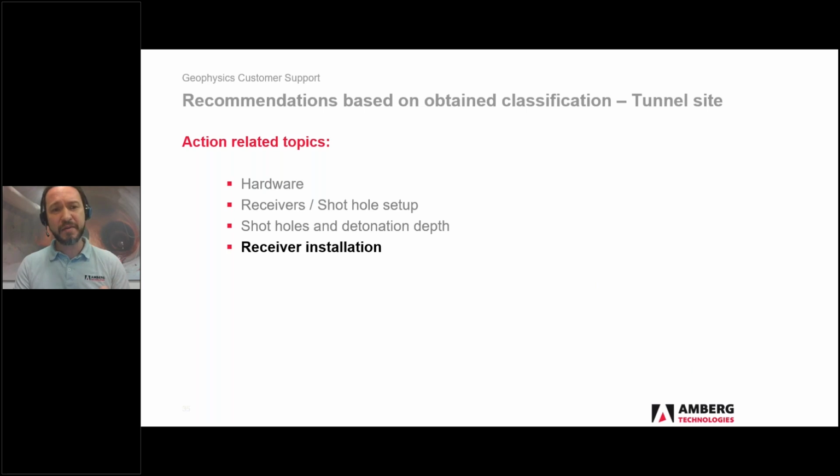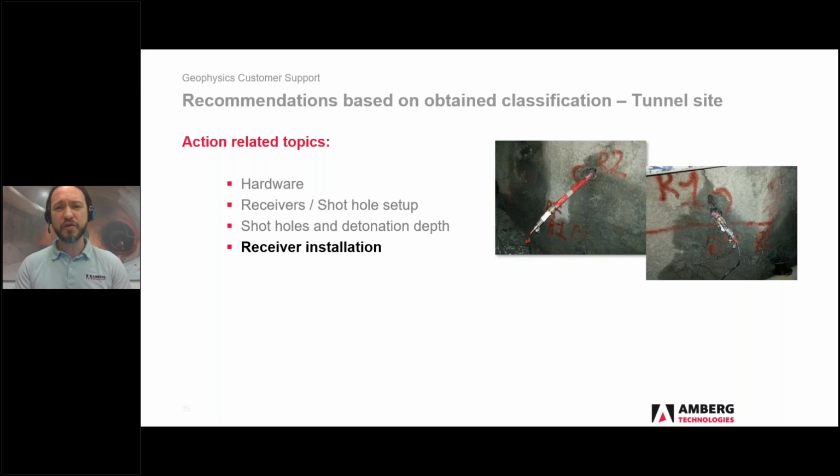Another very important aspect is the receiver installation. I show you these two pictures now. You see here, in this case, almost one third of the receiver is out of the receiver hole. The question here will be, did they reach the total depth, or maybe it was too short?